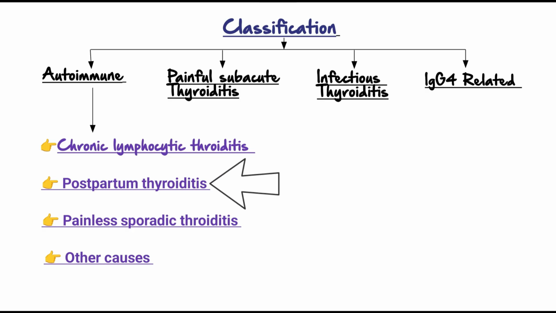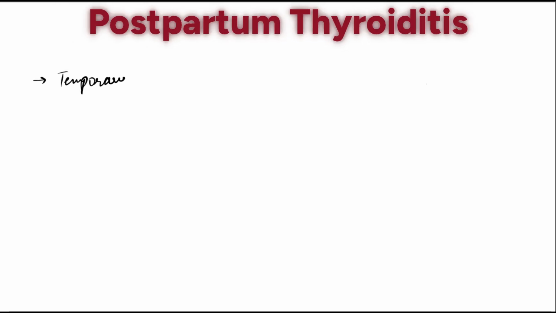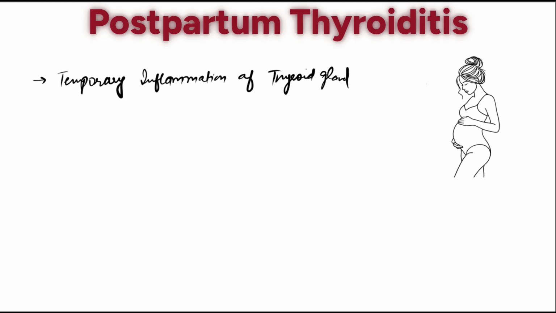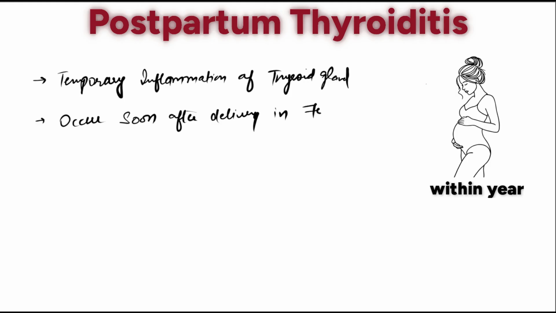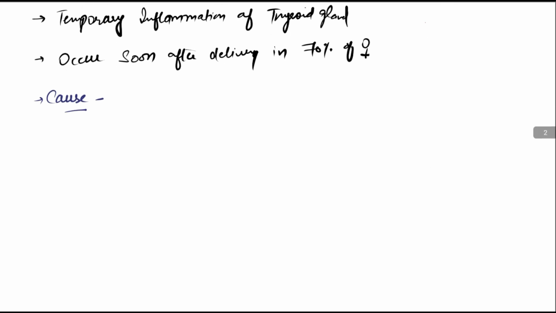Now, postpartum thyroiditis. It is a temporary inflammation of the thyroid gland that develops within the first year after delivery. It occurs soon after delivery in 70% of the women. The exact cause remains under research, but it's believed to result from immune system changes during pregnancy.